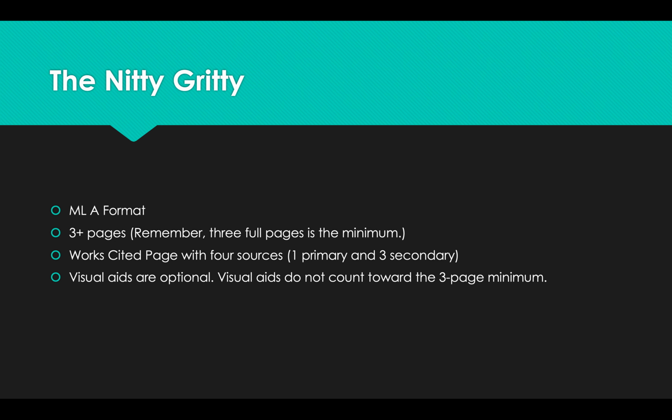Okay, so just like all of our other papers, this paper is going to be written in MLA format. This is a 3+ page paper. I would like for you to do a works cited page, and you will have at least 4 sources for this essay. One primary source, that will be your speech, and then you will have 3 secondary sources. These can be biographical sources about the speaker.